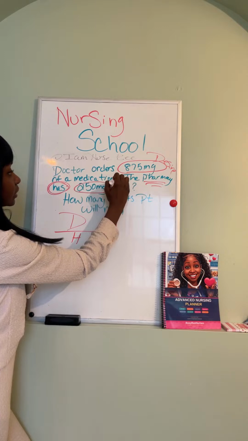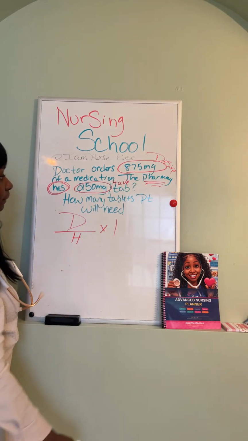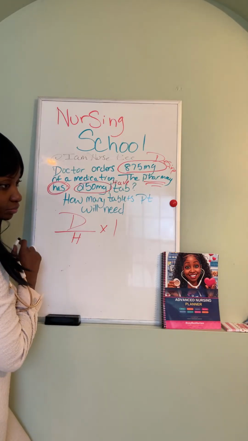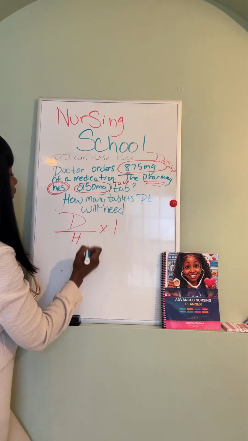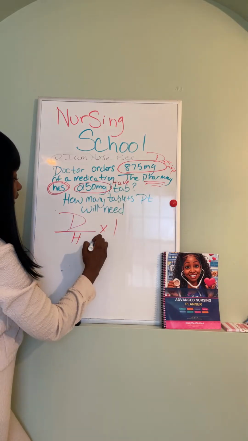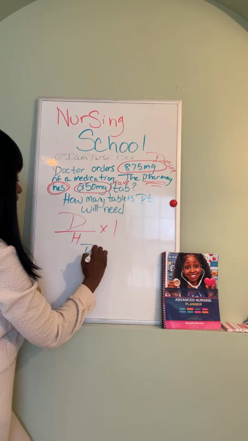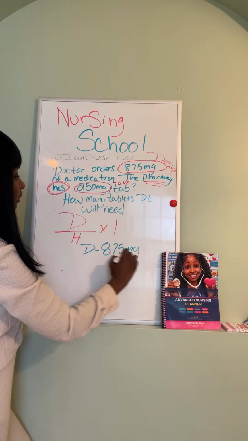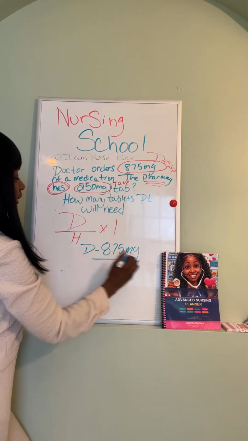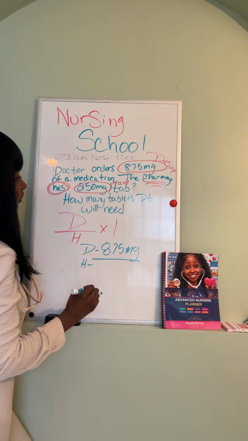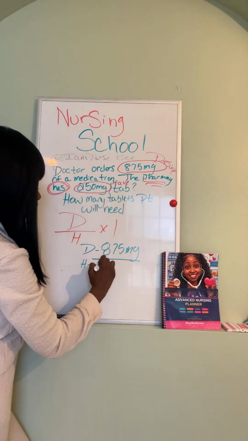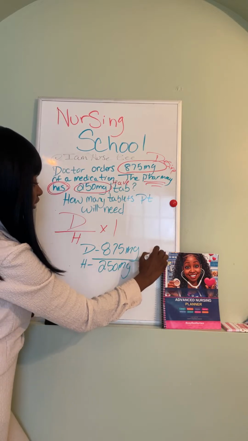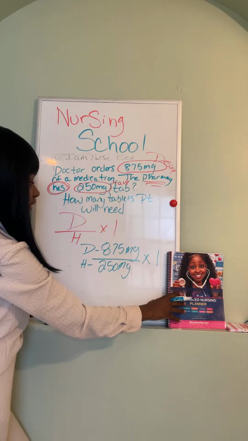So this is what they have on hand. So how are we gonna plug this in? We are going to say the desired is 875 milligrams, and we're going to have half, which is 250 milligrams. And then you're going to times it by the quantity, which will be 1.